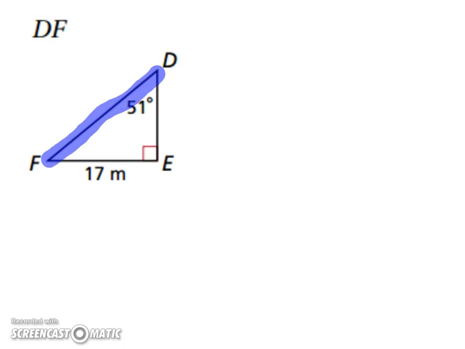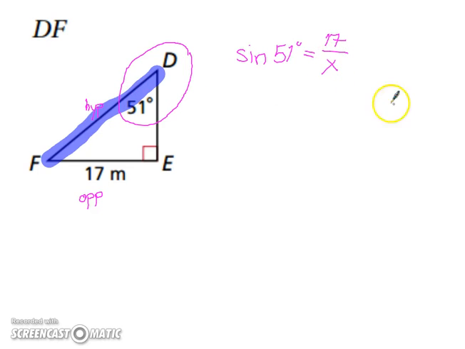So we've got DF, and now we want to figure out what we're going to use. They gave us that angle D is 51. We're trying to find the hypotenuse, and the other side they gave us is opposite this 51 degrees. So we have opposite and hypotenuse, and therefore we're using sine. We have the sine of 51 degrees equals our opposite, which is 17, over our hypotenuse, which is our unknown.